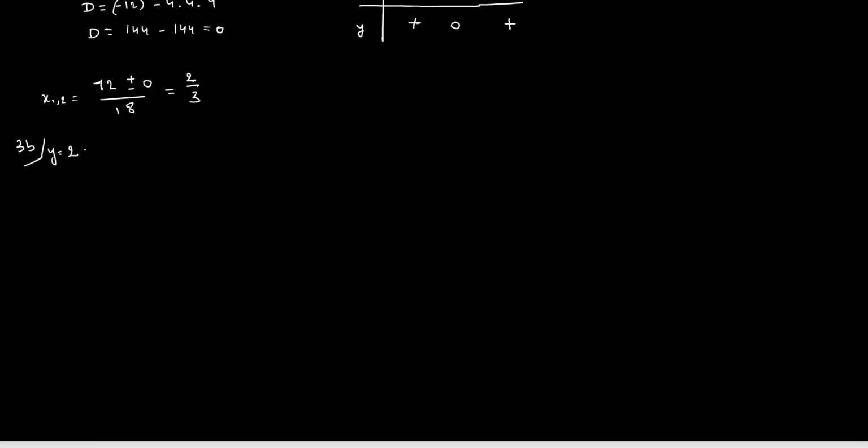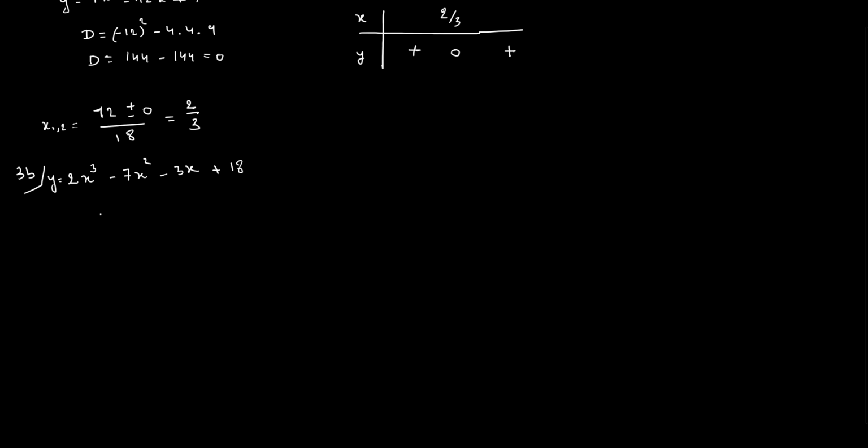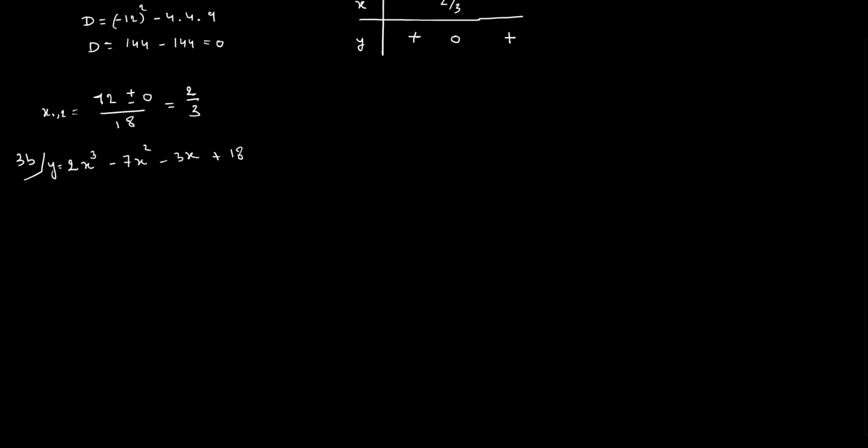So y is equal to 2x to the power of 3 minus 7x squared minus 3x plus 18. So here, we cannot immediately apply the determinant as we did over here, because we have a highest power of x, which is equal to 3.